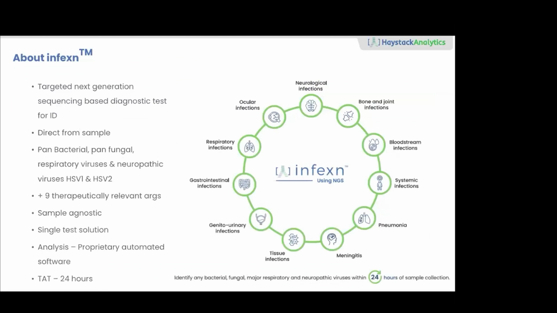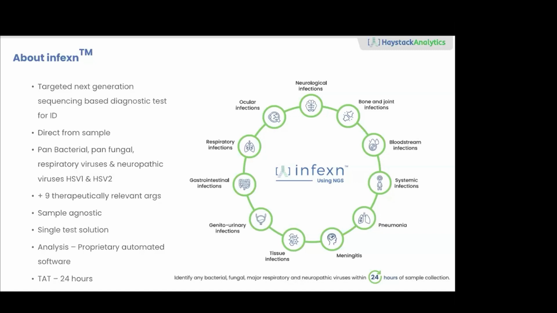And as we have all told, this is a targeted next generation sequencing based diagnostic test for infectious disease. It is directly from the sample, so there is no culture enrichment process involved. So there is no hypothesis of, let me think of aerobes, let me think of anaerobes, let me think of fungi. No, that is not there.